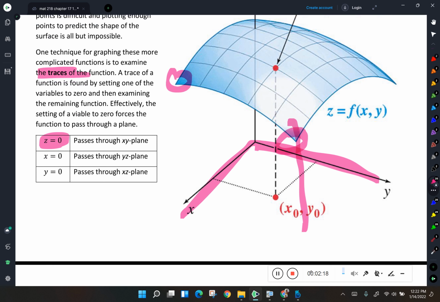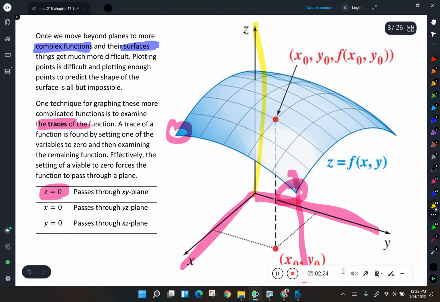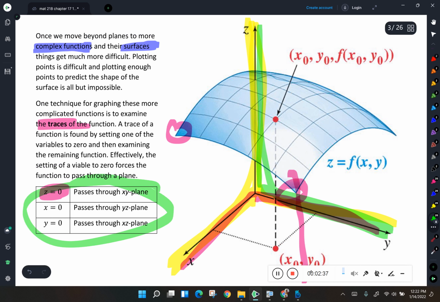Okay. But there's three planes that we can look at. We can look at the xy plane, we can look at the xz plane, and we can look at the yz plane. And so because there are three planes that we can look at, there are three traces that we can do.